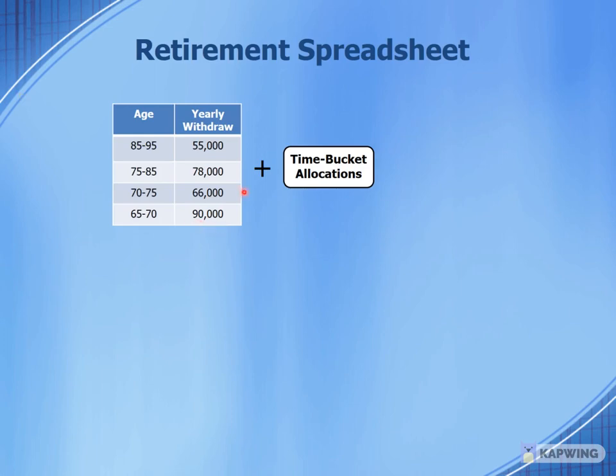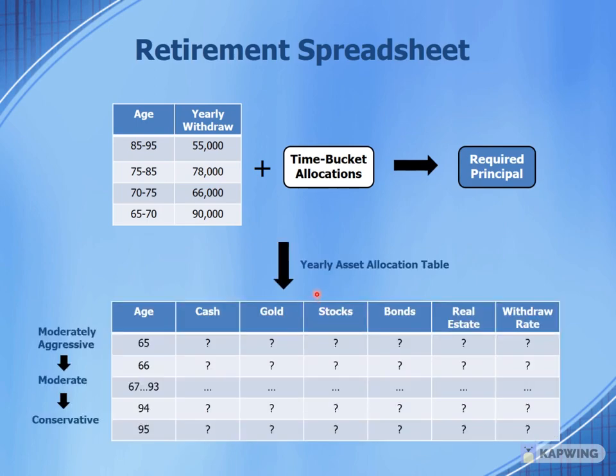Okay, so from your retirement spreadsheet, you're going to pull in your age ranges and your yearly withdrawal amounts, and you're going to add in the time bucket allocations. Like I said, you can use our suggested defaults there. Once you have that, then the method will calculate your required principal, and also it will generate a yearly asset allocation table, and this will show for each year of your retirement how your assets should be allocated.